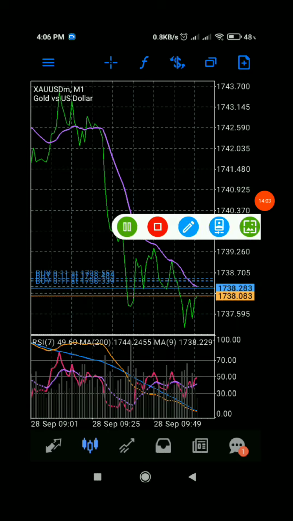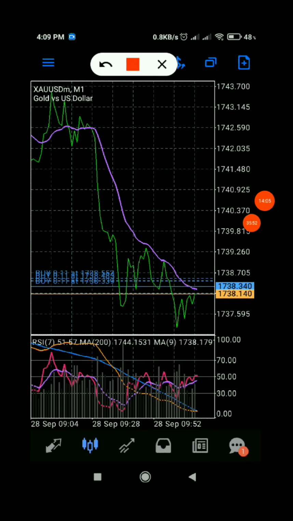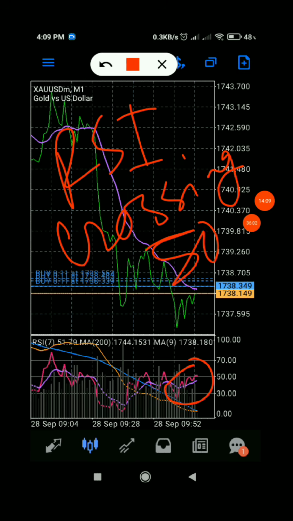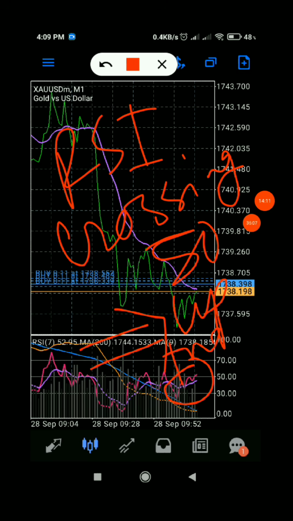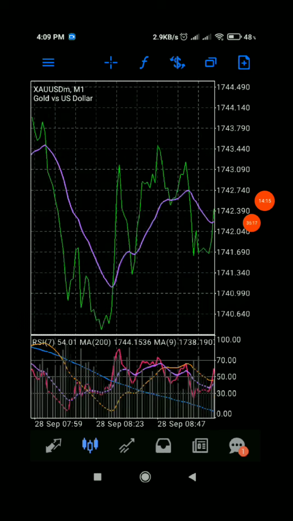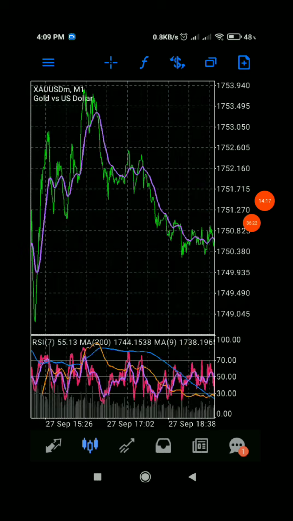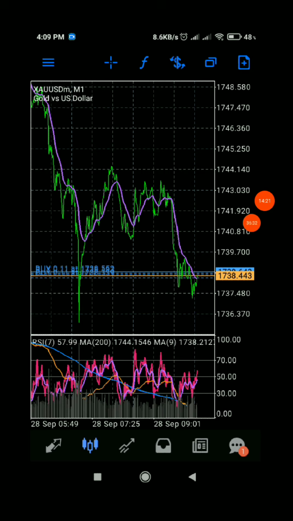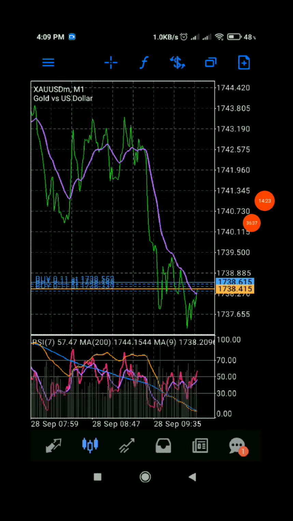Pink is the RSI. So when you see price bottom and RSI bottom making two different directions, that is the bullish divergence. And now the RSI line is crossing, that is the pink line crossing the violet.